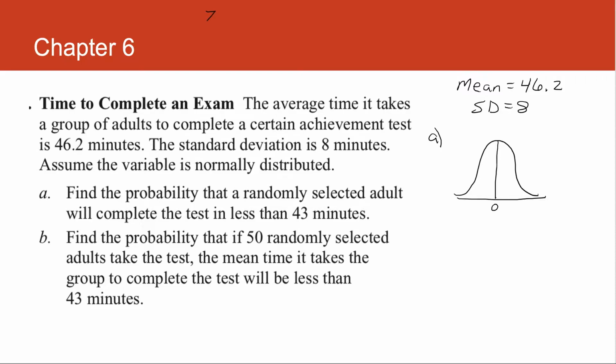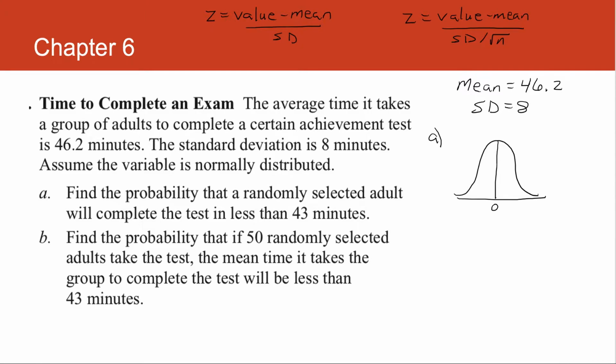You want to be sure that you have these in your notes. So we would have value minus mean over standard deviation. That would be the formula that we would use if we're talking about one person or one thing. And if we're talking about a sample, our formula is almost the same, except that on the bottom, remember that we're going to divide by the square root of n.